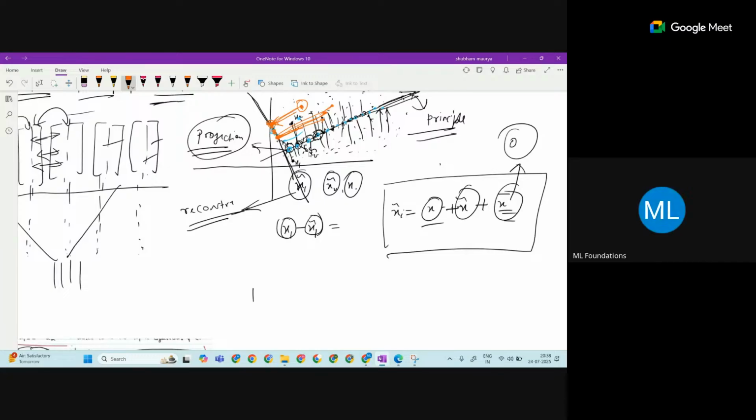We are projecting onto some principal components. We have so many data, and we want to find an important component or principal direction. On that direction we are projecting the data. That is what we are doing in PCA.